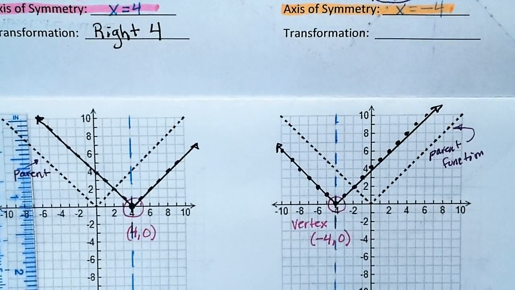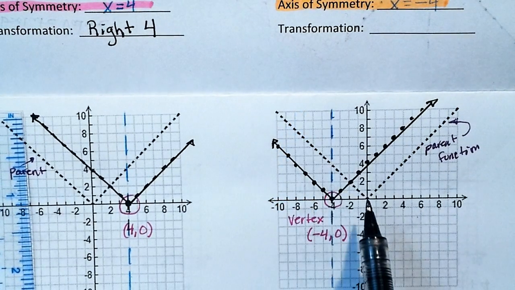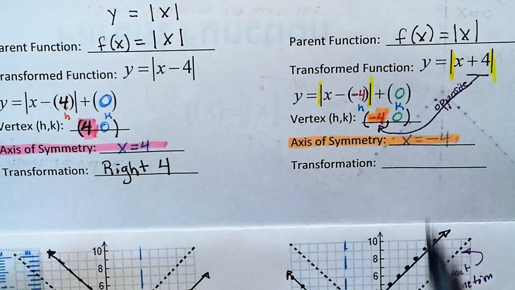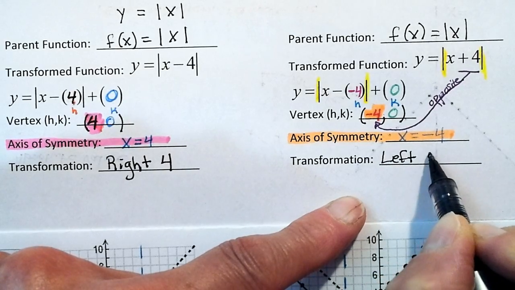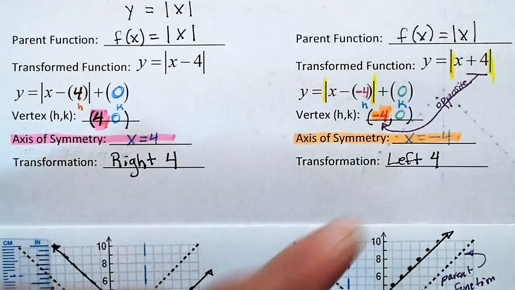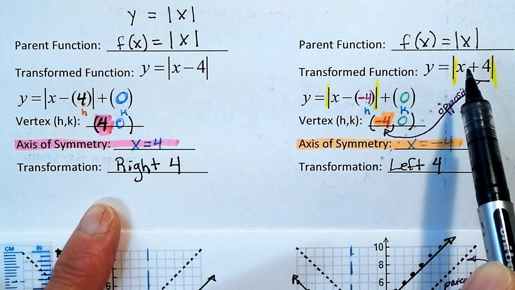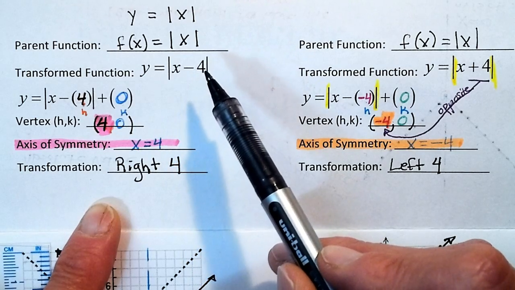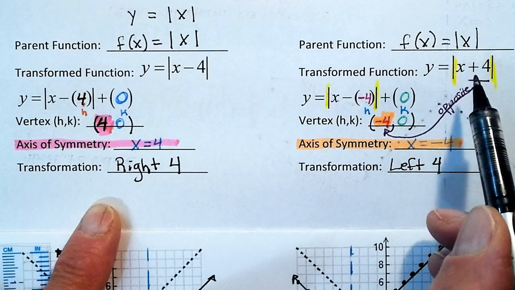The last thing I need to look at is the transformation. So the transformation is what? I went left 4. So the transformation is left 4. You can see that these functions look almost the same, but this function moved it right 4, and this function moved it left 4.